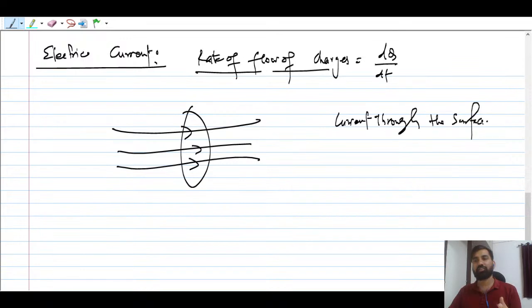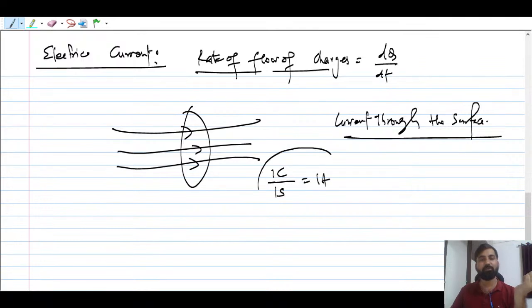How many charges, how many coulombs, are passing through this surface per unit time, or per second? Suppose 1 coulomb of charge passes through it in 1 second, that is going to be 1 ampere.